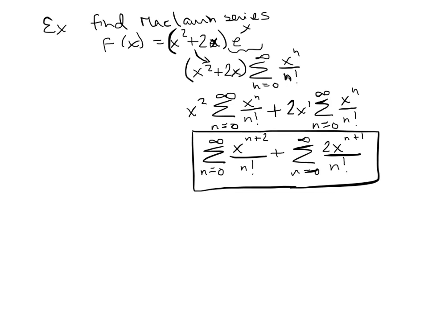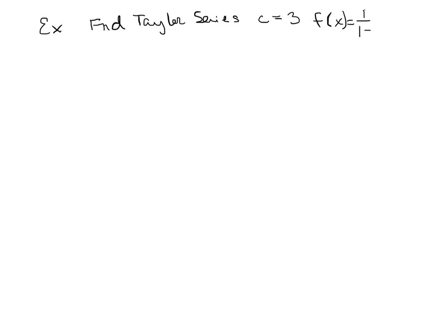So another example, we're going to use a Maclaurin series, which remember is centered at 0, to find a Taylor series centered at 3 for f of x equals 1 over 1 minus x.